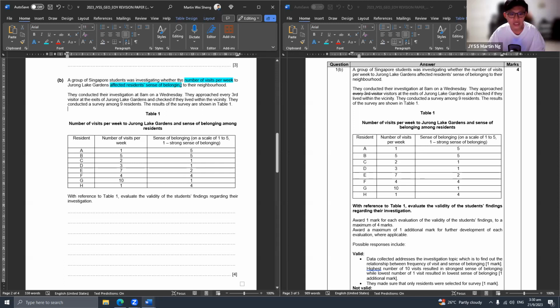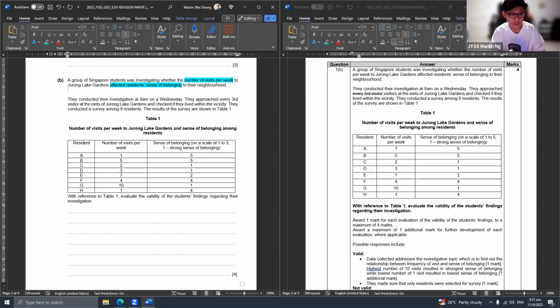So in this case, if I were to come up with a hypothesis, a possible hypothesis could be a statement such as: as the number of visits increases, the sense of belonging increases. Or as the number of visits increases, the sense of belonging decreases. So for the possible hypothesis in this case, let me type it out for you guys.